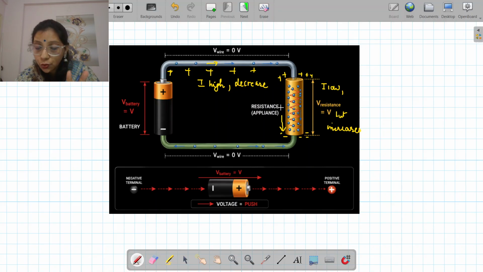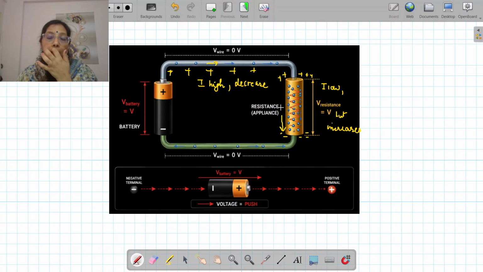That's one. Two, your question was, why isn't the voltage drop happening across the conductor? Well, because of this charge accumulation, which results in the potential of this end and this end becoming equal. That is why there is no potential drop across the connecting wire.